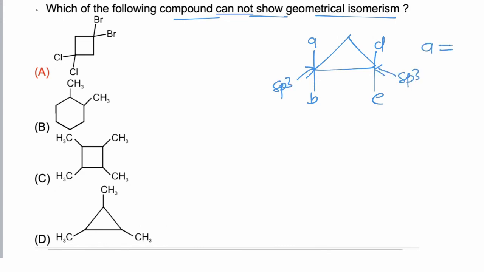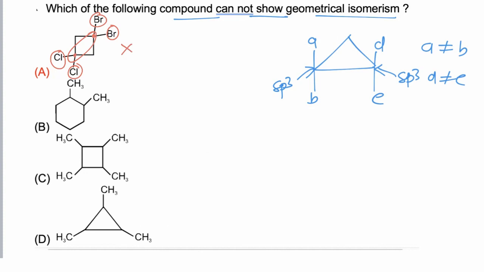So A must not equal B and D must not equal E. If this condition is followed, then the molecule will show GI. If we take the first example, we have 2 sp3 hybridized atoms, but these units are identical, so this molecule will not show GI around this carbon.